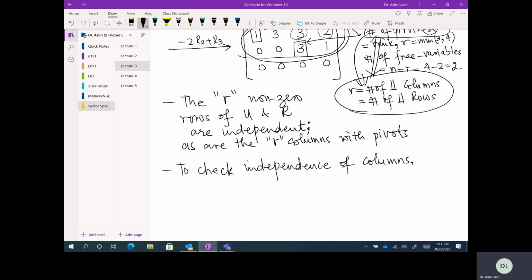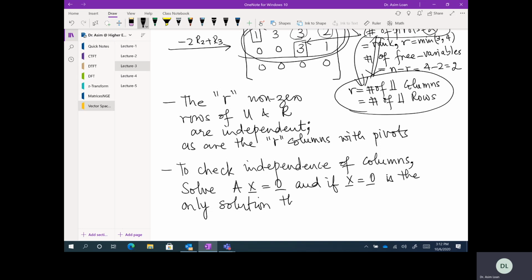To check independence of columns, solve Ax equals 0, and if x equal to 0 is the only solution, then columns of A are independent.